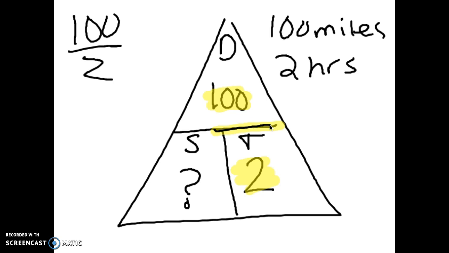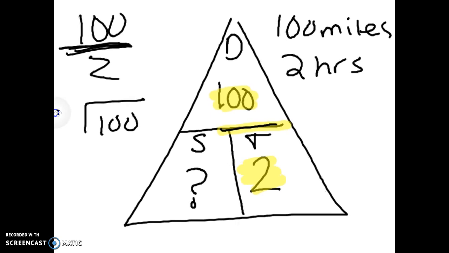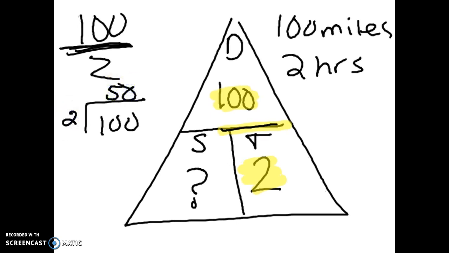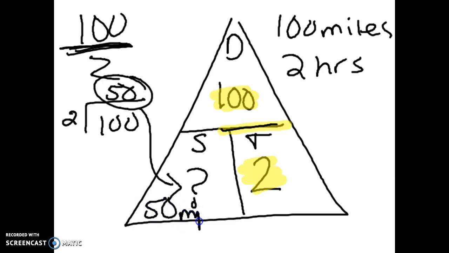But we also know that you can read fractions as division problems. So this actually reads 100 divided by 2. And 100 divided by 2, whoa, that's not going to do us any good. Divided by 2 is 50. And that 50 is how fast that car that Miss Cline was in is going, 50 miles per hour.